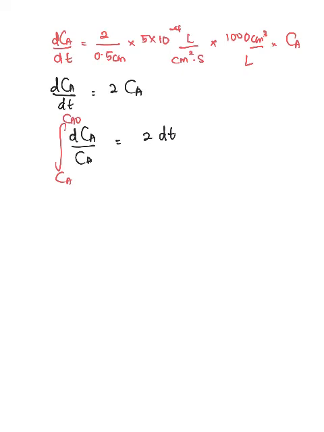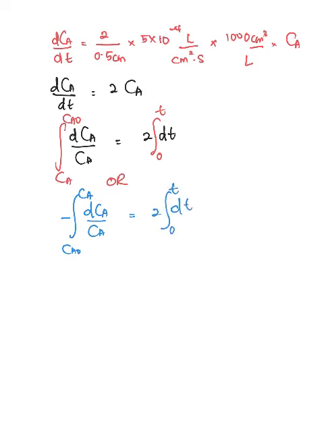Because dCA per Ca that we use here is positive. Okay, but this one should be no problem. Or you can write it as negative dCA per Ca. So integrate from Ca naught to Ca equal to 2 dt, 0 to t.